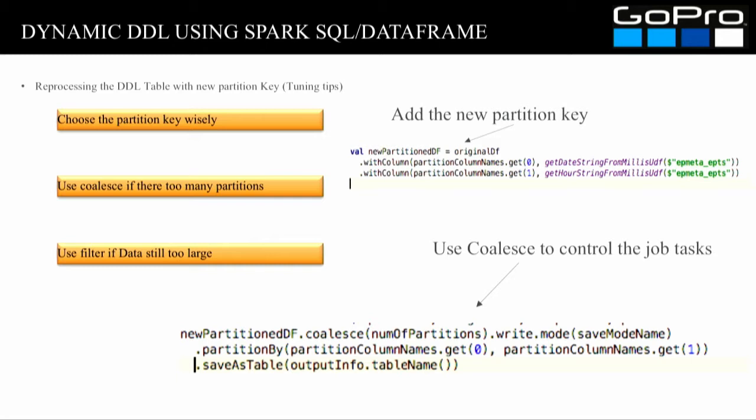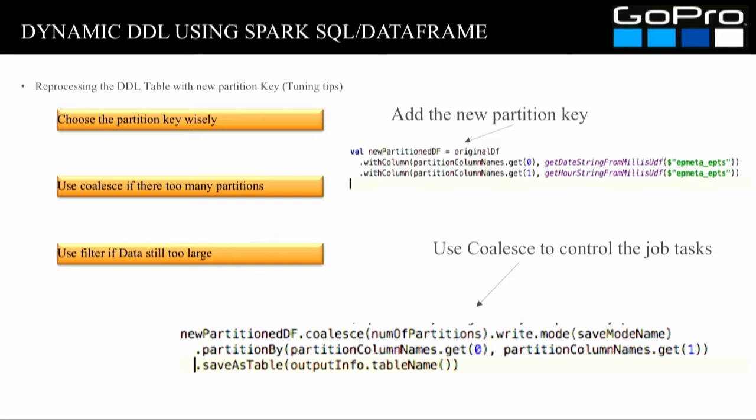First, there's a code snippet here. You add your new partition key here. Then you use coalesce to control the job tasks to be lower. You couldn't make the number too small, because if you make it too small, each job task will have too much data and it's probably out of memory.